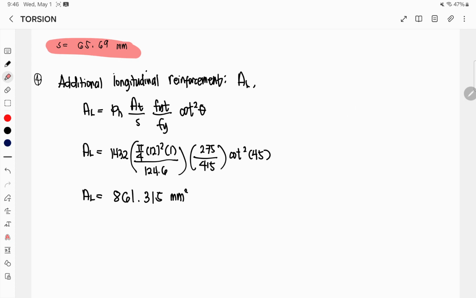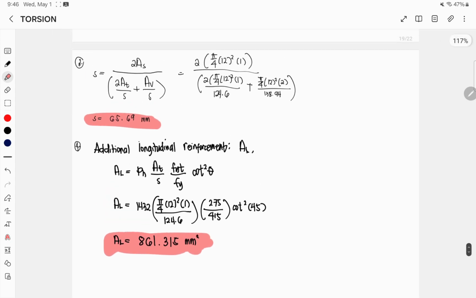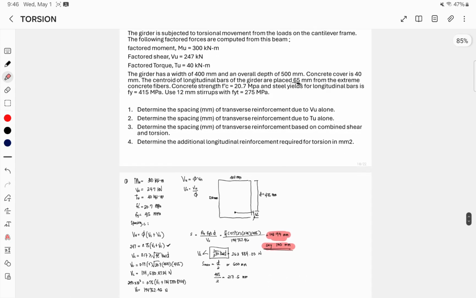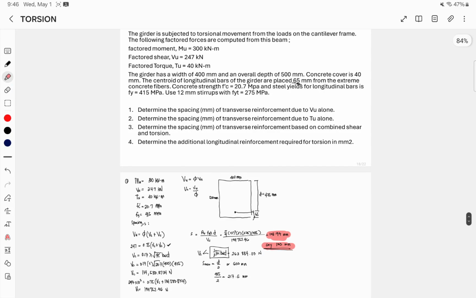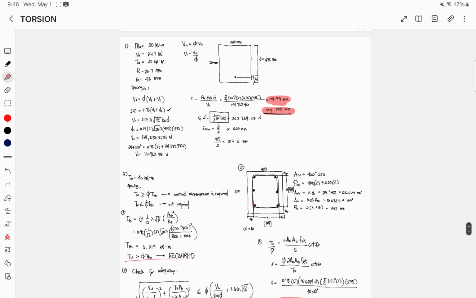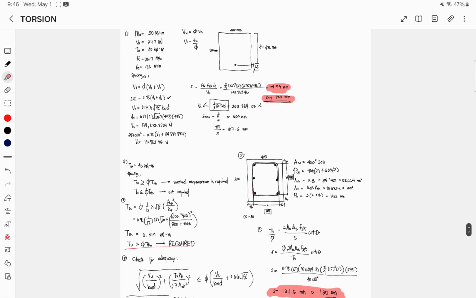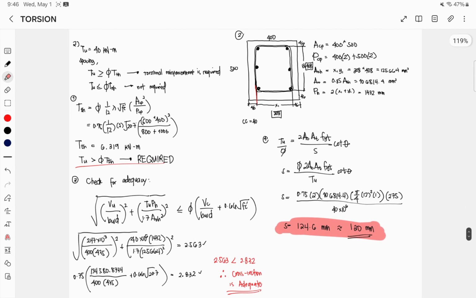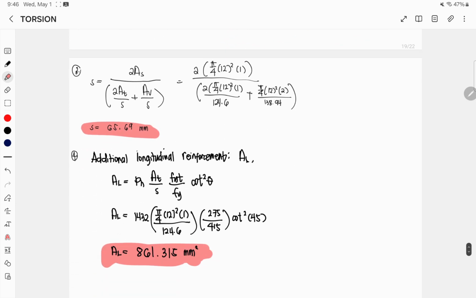So, final answer. Ayan. Okay na. Screenshot for your reference. Number 1. For number 2. Lakihan natin para maganda. And then for number 3 and 4.